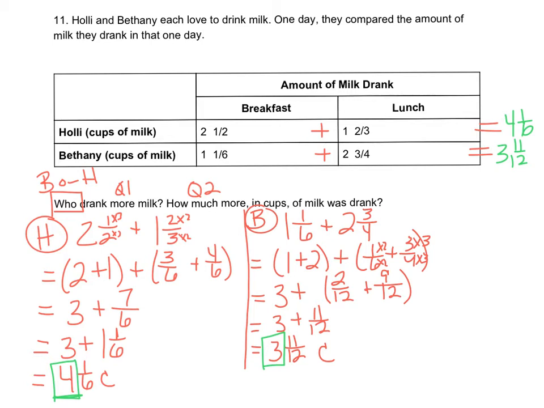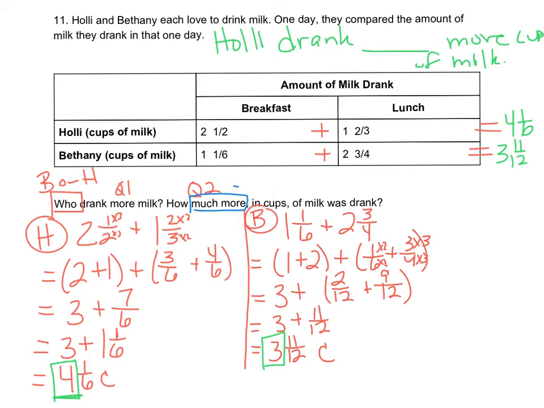So I'm going to write my answer up top because I ran out of room. Holly drank, and I'm going to fill in a blank, more cups of milk. Because my second question, if you recall, asked for how much more. So I know I'm going to subtract how much more Holly drank.